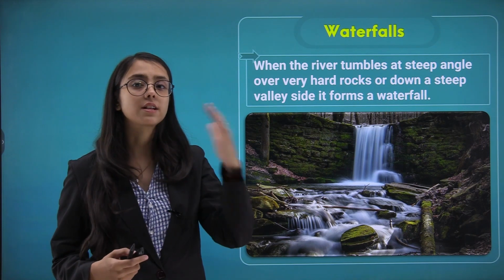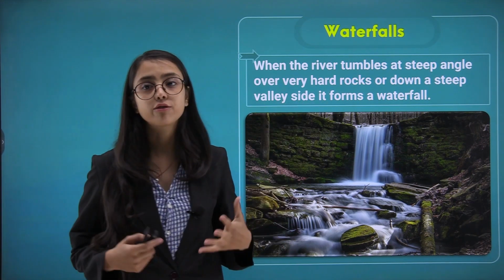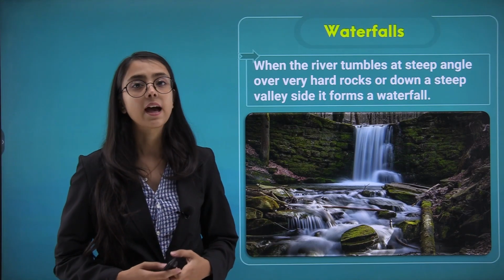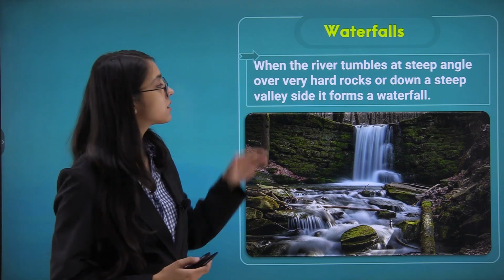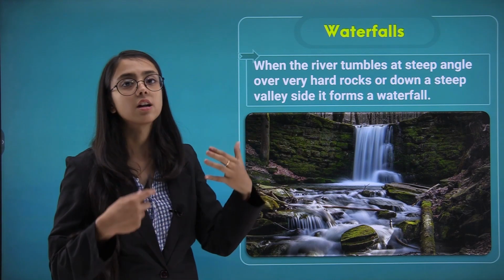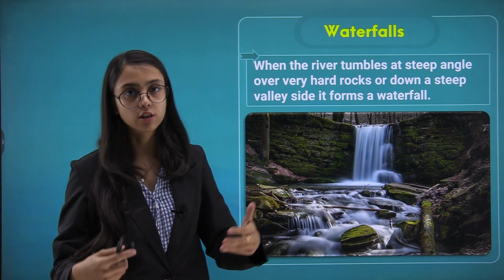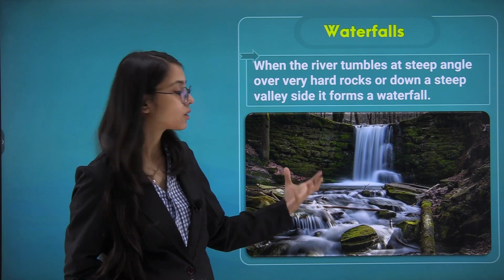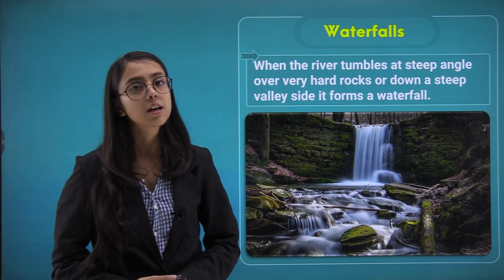Waterfalls: when the river tumbles at a steep angle over a very hard surface of rock, it breaks down the rocks beneath it, and this forms the valley, and these are the waterfalls. For example, if a river is flowing and reaches a point where there is no land further, then the running water goes down and falls on the bed of rocks which is further below.